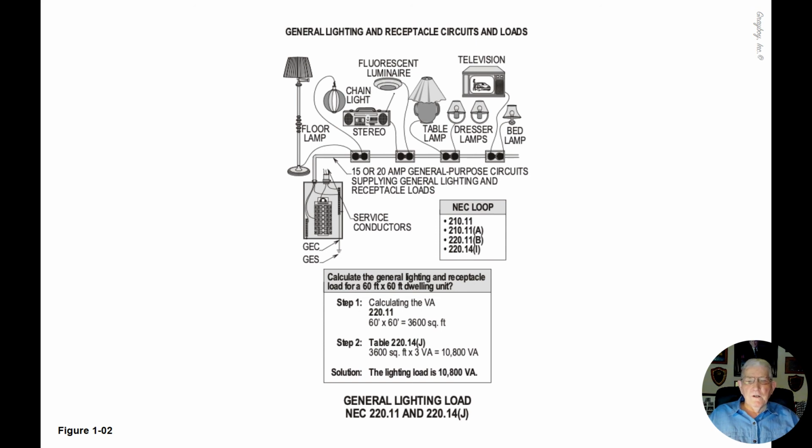So figure 1-2 simply deals with finding the VA rating for the general lighting and receptacle loads in accordance with NEC 220.11 and 220.14(J).